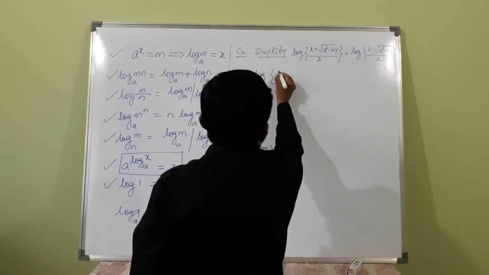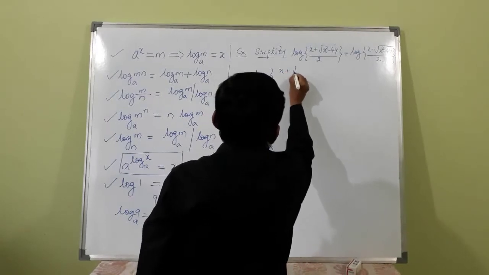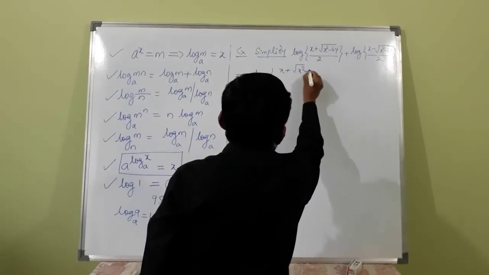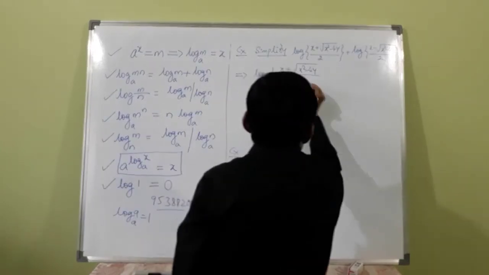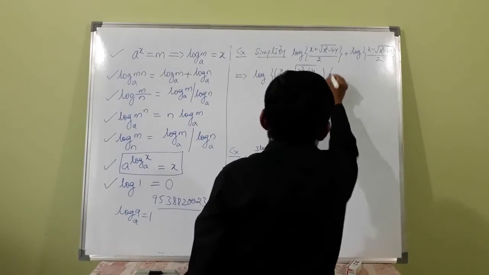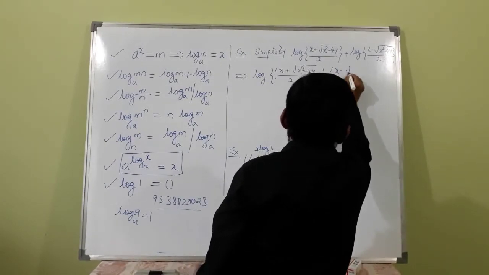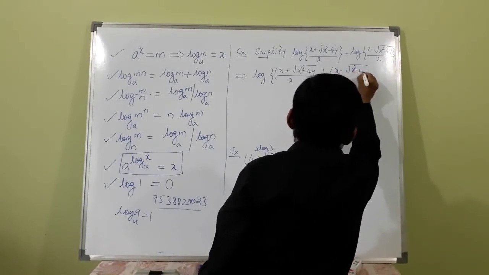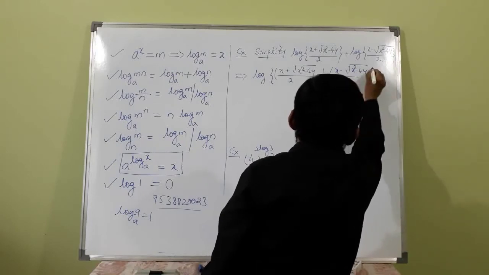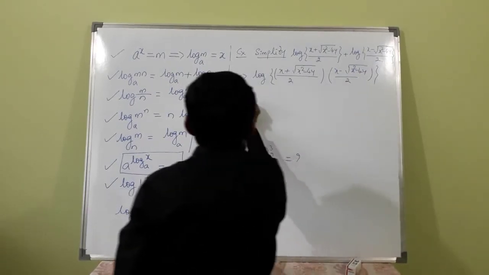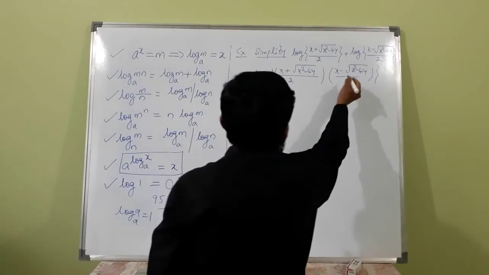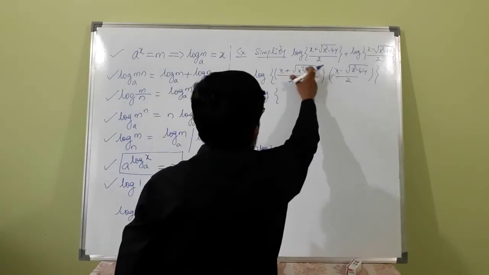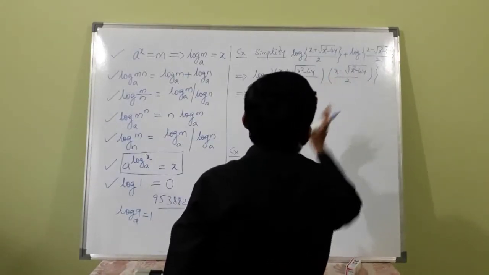So x plus root of x square minus 4y divided by 2 into x minus root of x square minus 4y divided by 2, that is log of, see, a plus b, a minus b.